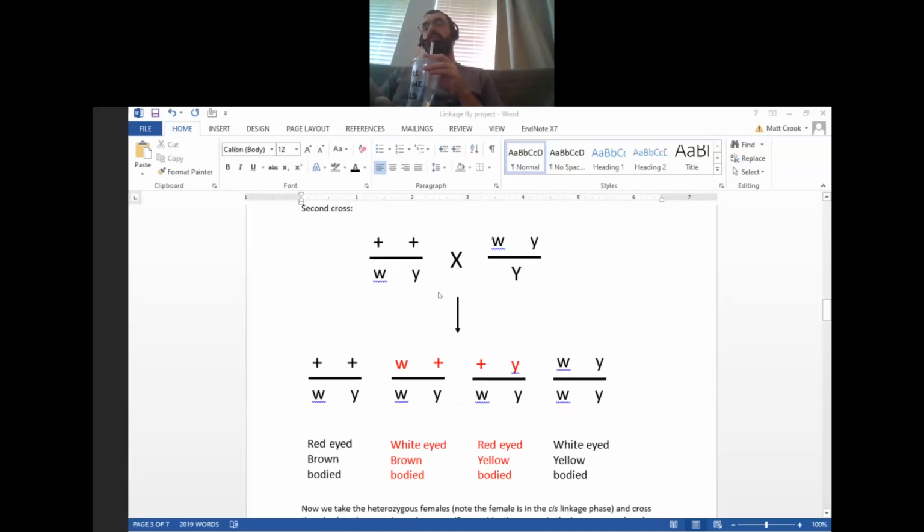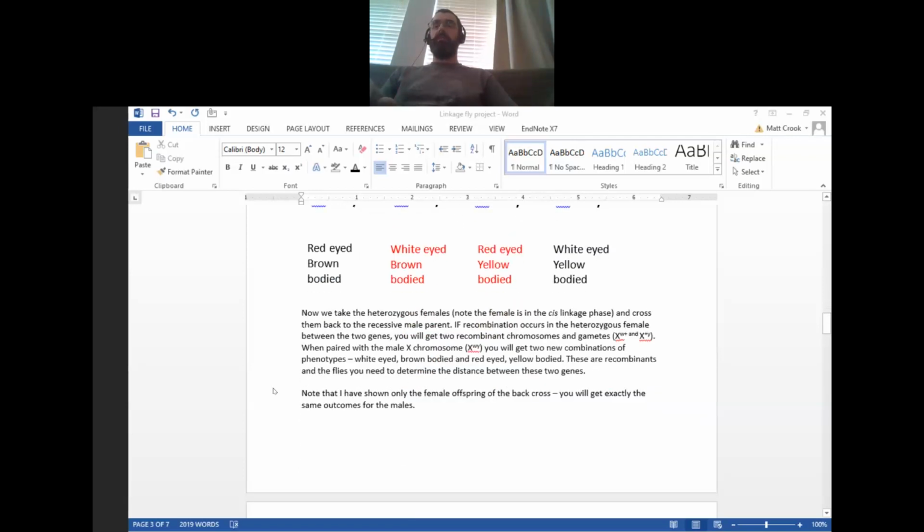And so we then take those heterozygous females, which when they produce gametes, may or may not have recombination occurring between these two loci. And so we want to see whether or not that has happened. If it has not happened, we'll see the parental chromosomes and phenotype combinations that we see in the parents up here. If we do have recombination, now we're going to see a new mix, right, of, again, chromosomes and phenotype combinations.